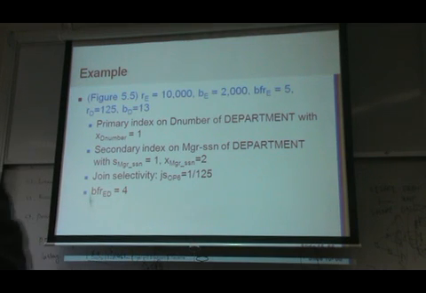In this case, the join is DNO in employee and D number in department. Then the join selectivity is 1 over 125, which means 1 over 125 of the data will be matched.